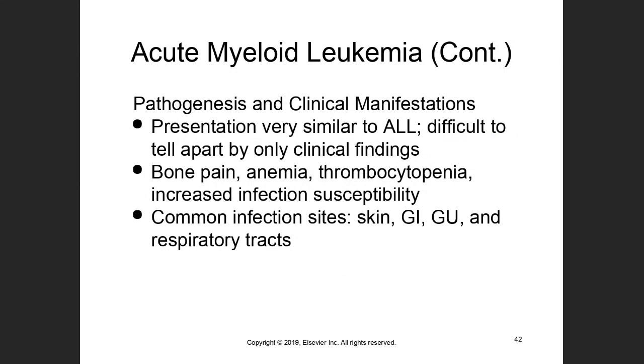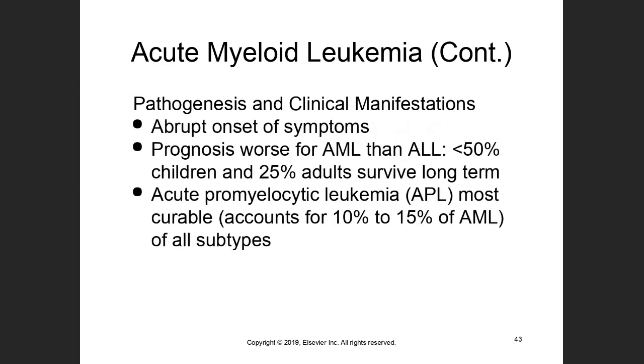Now we have a presentation very similar to acute lymphocytic leukemia: bone pain, anemia, thrombocytopenia. With anemia, you have fatigue, anorexia, low tolerance to exercise.